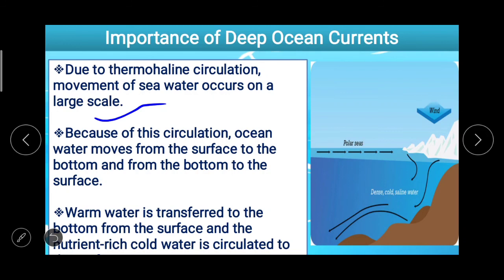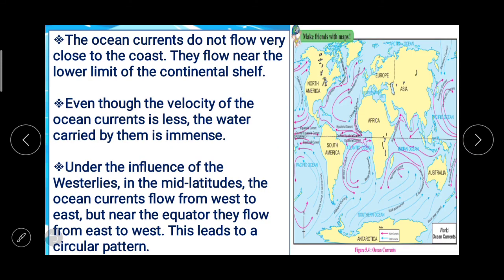And because of this circulation, ocean water moves from the surface to the bottom and from the bottom to the surface. Warm water is transferred to the bottom from the surface, and the nutrient rich cold water is circulated to the surface.